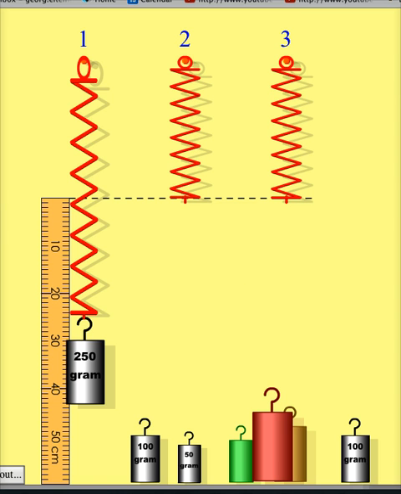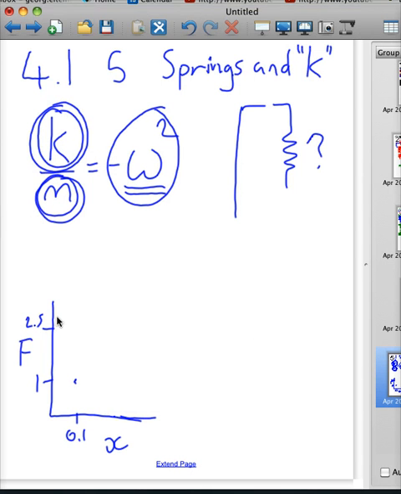So let's stick that on our graph too. 2.5 newtons gives us a value of 0.25 meters. Boom.